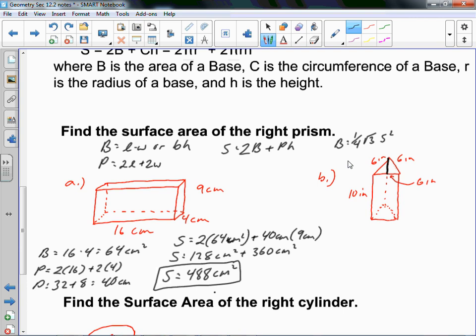So that gives the area of the equilateral triangle. And for the perimeter, this would be 3 times the length of the side. You've got 3 sides that are all the same.